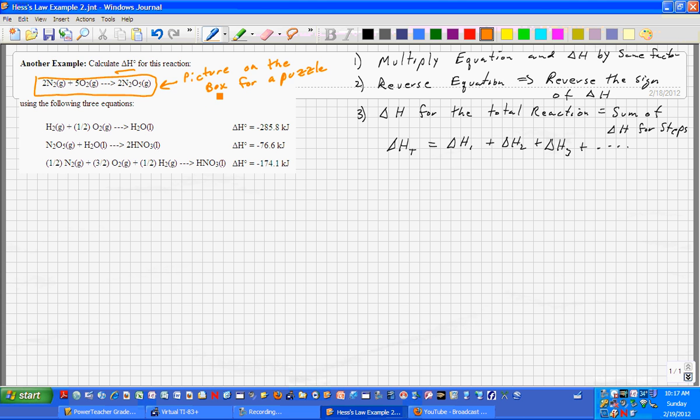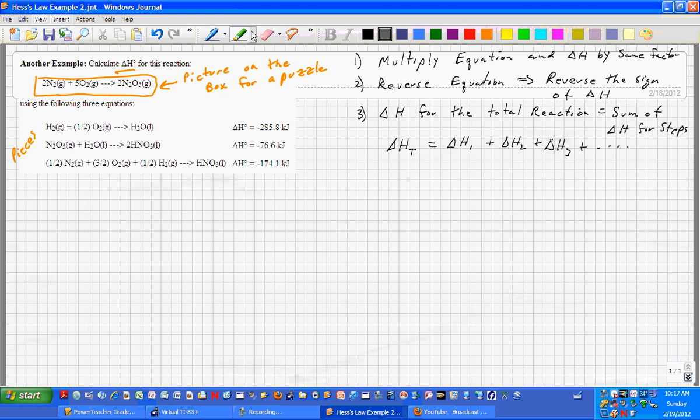And these are my pieces. What I want to do is take the pieces and make the picture on the box. And again, we get to do some things to this like multiply or reverse, and then we add them up at the end. So let's go ahead and get started on this.